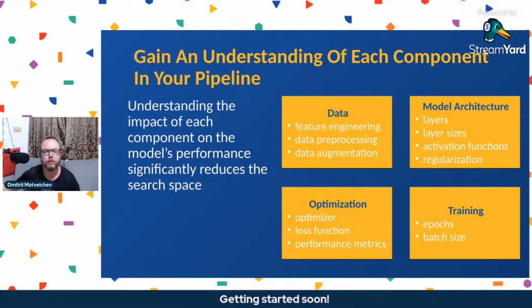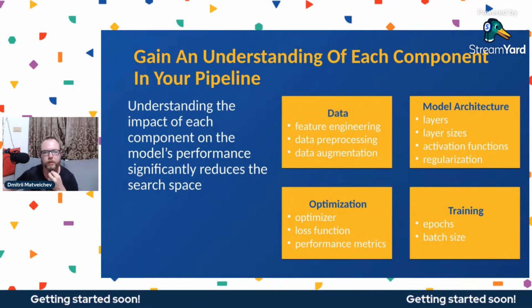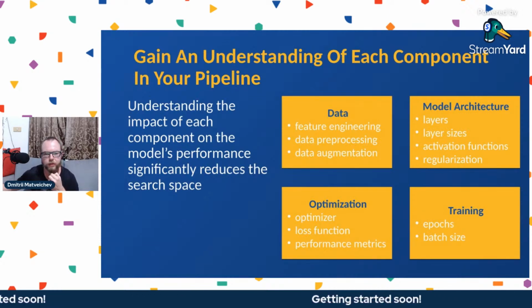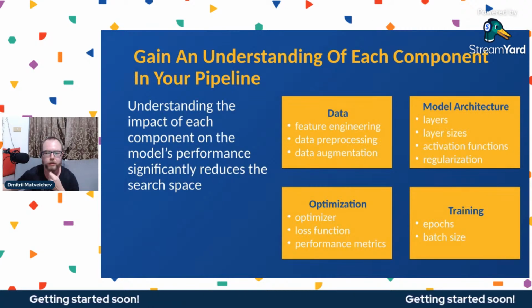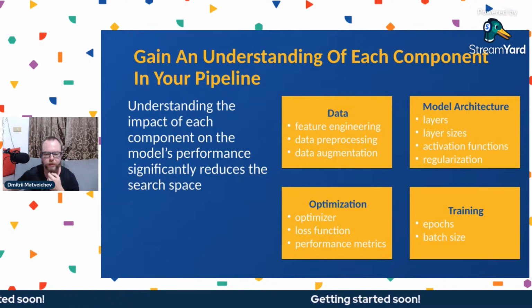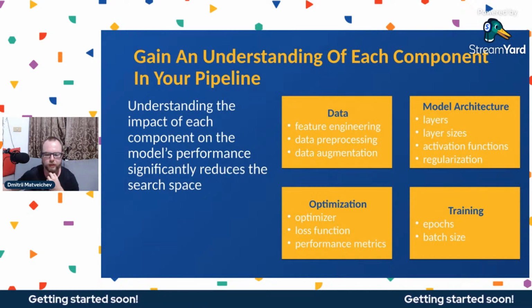So if you look at this, you can focus your experiments on each component of your neural network pipeline and try to understand better how each part of the component works. So it's some sort of a first principles approach where you decompose your problem into smaller components, and it doesn't look like a chaotic number of hyperparameters anymore.